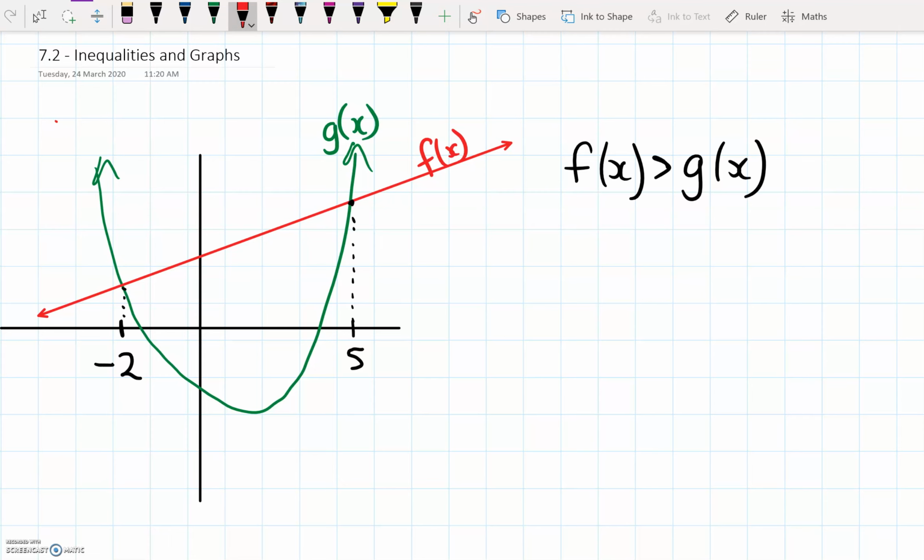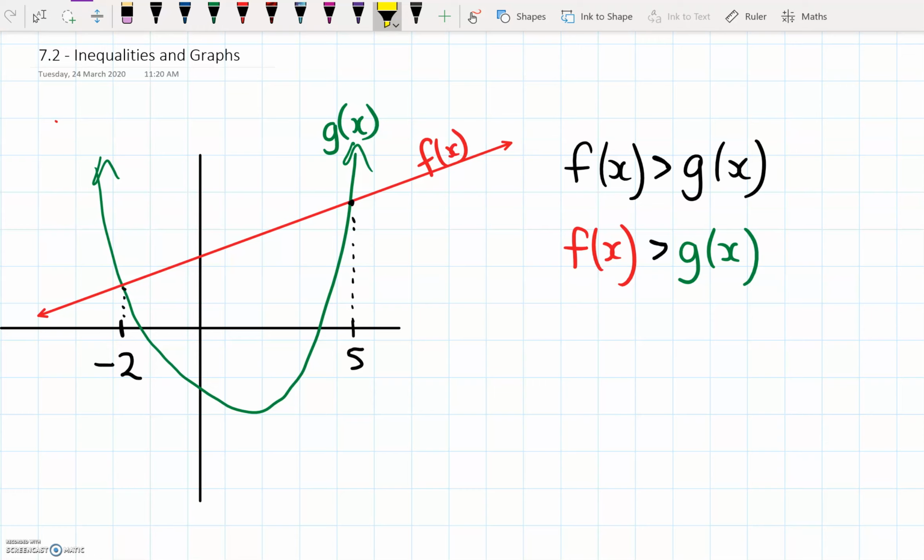If we're looking at f of x is greater than g of x, so the function f is greater than the function g, what we want to know is where the red line is greater than the green line. In reality that just means that the red line is higher than the green line, so the y value of the red line is above the y value of the green line. So we need to look on our graph and find where that is.